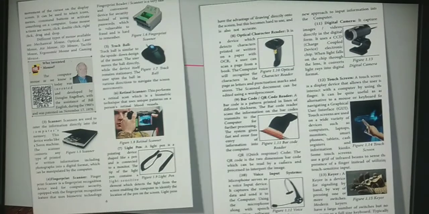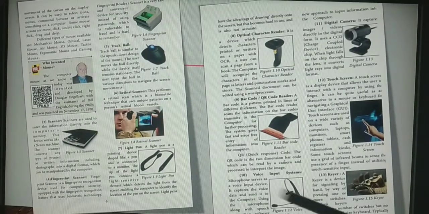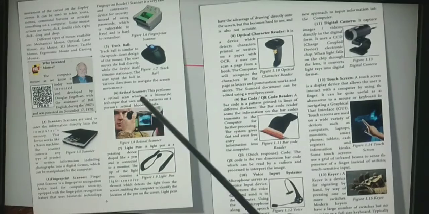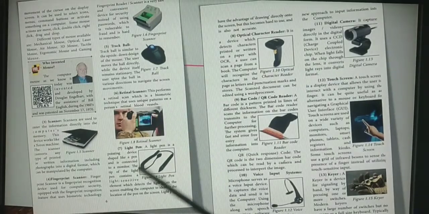Otherwise, write about reticle scanner, or light pen. Or an option will be given: write about any 5 input devices. There also you have to write what is given here.